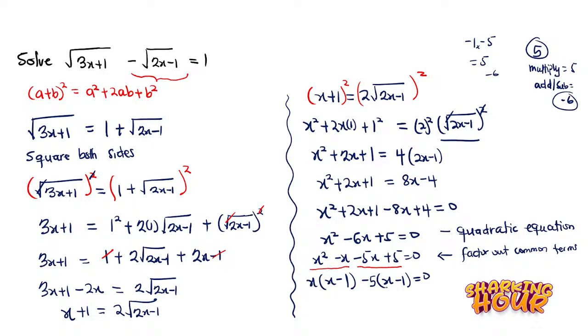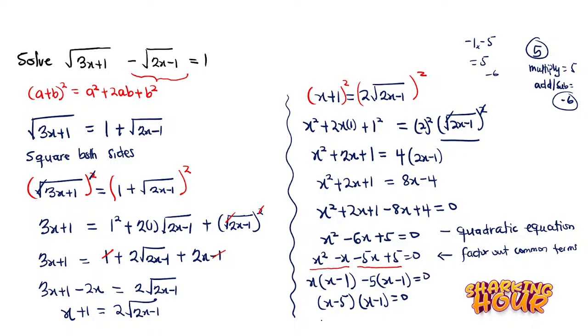So from here, you can see that we have x minus 1 common. So we take x and then -5 over here, it becomes x minus 5. Then we maintain one of the x minus 1, so that will become x minus 1, and this is equal to 0. So from here, we can now equate x minus 5 to 0, as well as x minus 1 to 0, and we will get the values of our x.